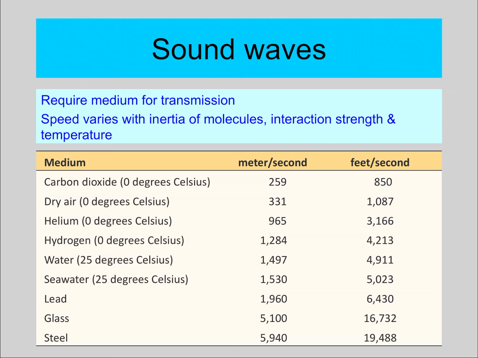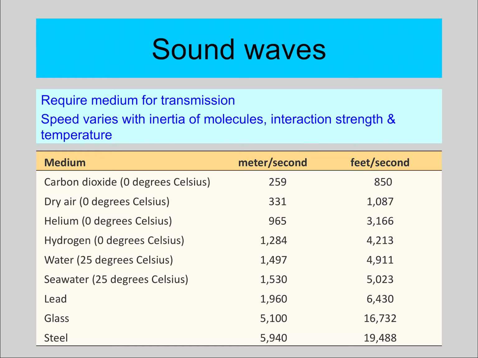So we can see here there's a couple of examples of medium. Carbon dioxide, dry air, and helium, all at 0 degrees Celsius. The only difference here is the weight. So carbon dioxide weighs more than just regular old oxygen, which weighs more than helium. And as the molecule becomes lighter, and even hydrogen, which is still less than helium, the speed of sound is going to increase.